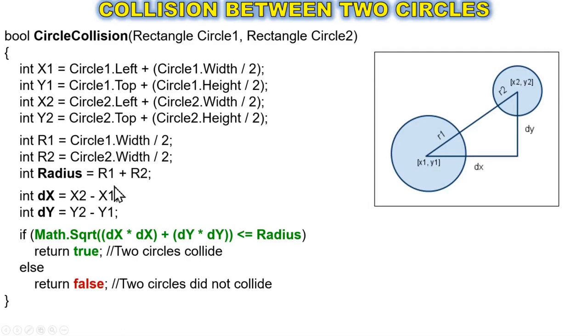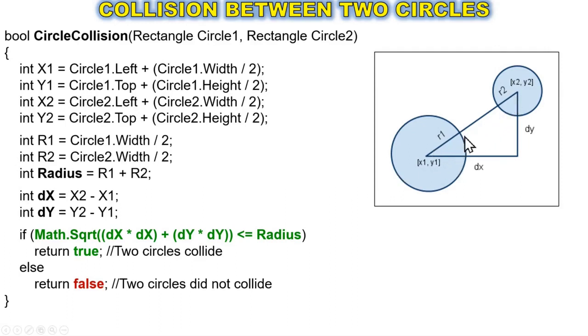Next, it will perform a condition evaluation by comparing the computed Euclidean distance, which is Math.Sqrt of the sum of the square of dx and the square of dy, between the two centers of the two circles.